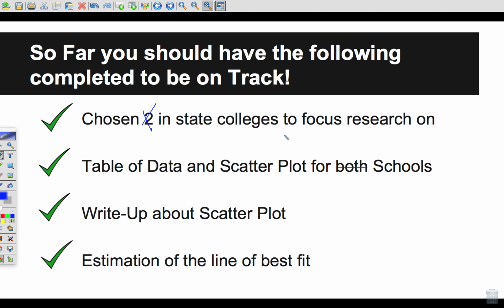It's been updated, so from one school. And then you should have created your scatter plot and then kind of come up, not necessarily having your line of best fit, but what you should have done is had a prediction of the model type. So this is what you should have done already.